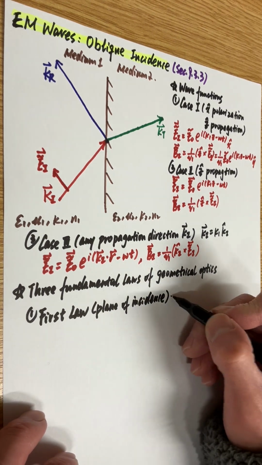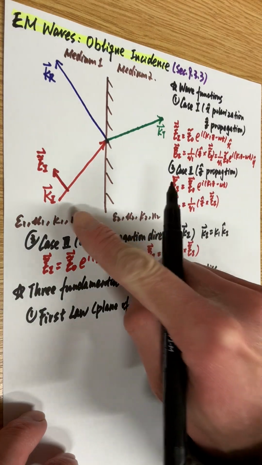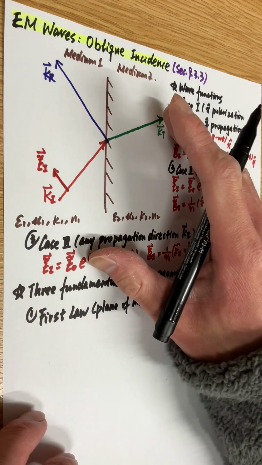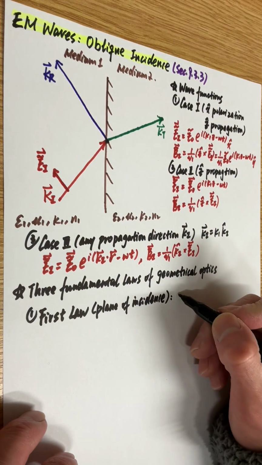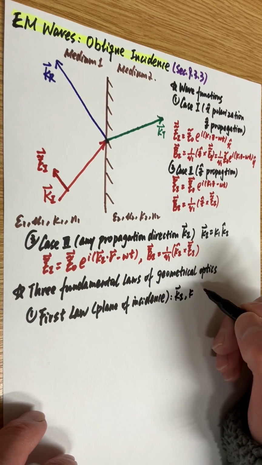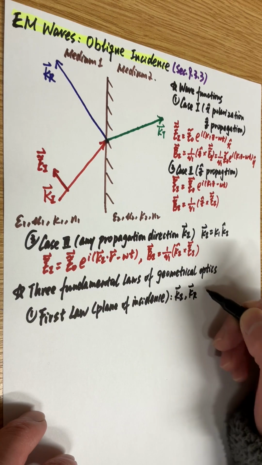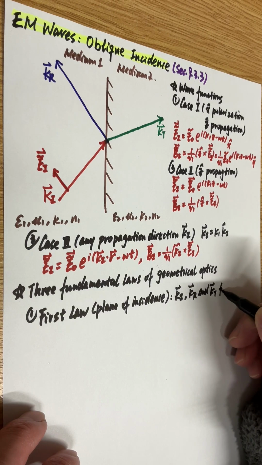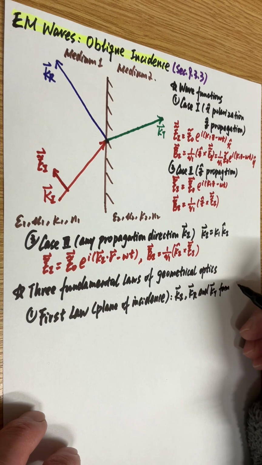It says that the wave vectors kappa I, kappa R, and kappa T form a plane.